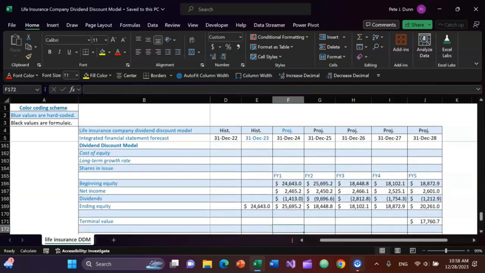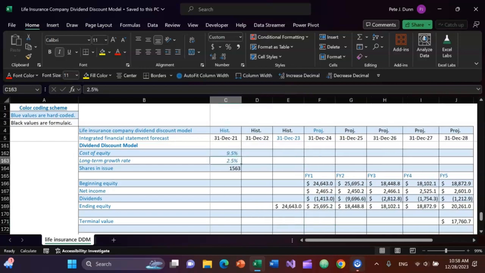Now we get to the dividend discount model itself, since we've forecasted the three financial statements. And what I do here, I'm just hard coding in cost of equity assumptions and a long-term growth rate. We've got shares in issue. And add a comma there.